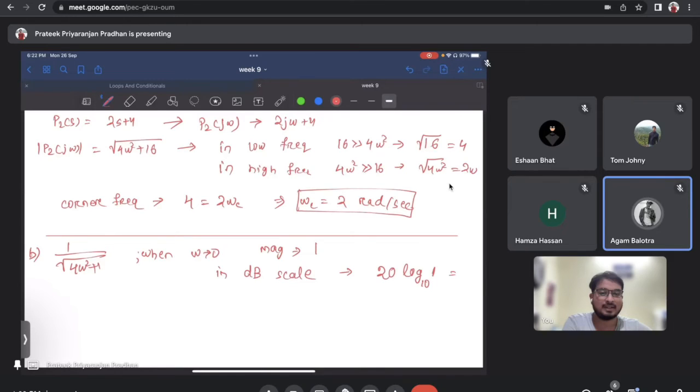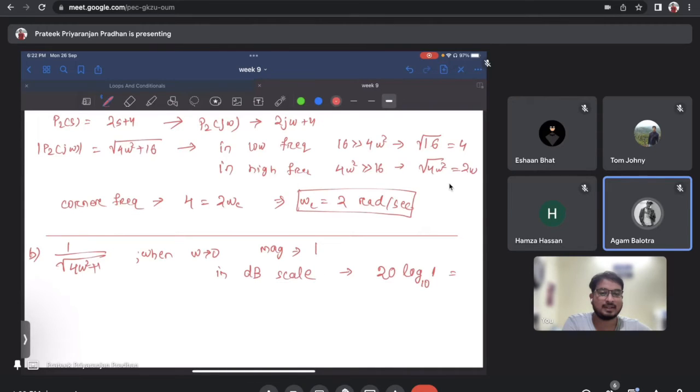Similarly for P2(s), the P2 j omega magnitude is root of 4 omega square plus 16. So when omega tends to 0, the magnitude will be how much? Root of 16, so it will be 4. In dB, it's 20 log 4 base 10.